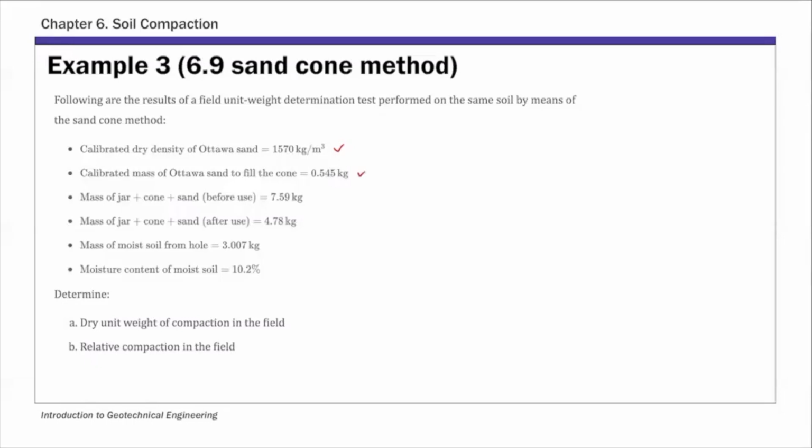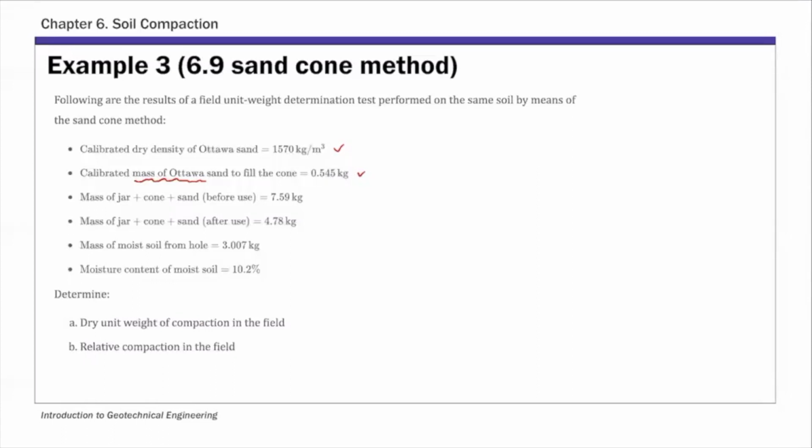Remember in the sand cone device, you have that cone. So you know the volume of that cone, and you also know the density of the sand, so you can calculate how much Ottawa sand you need to fill that cone. So that's also given. For a given device, you know the volume of the cone, you know the density of the sand, you can calculate this mass here.